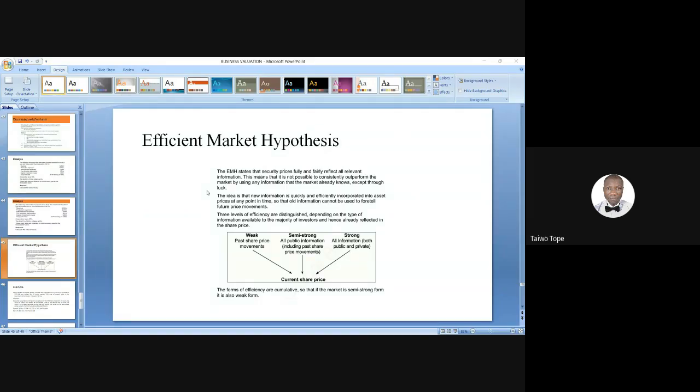It means that once you have past data, you cannot easily use it to predict the future.